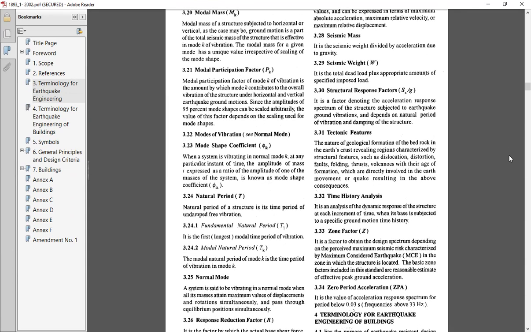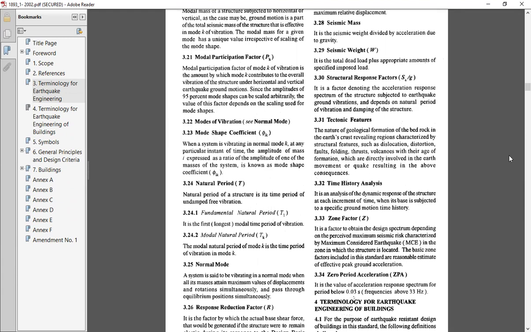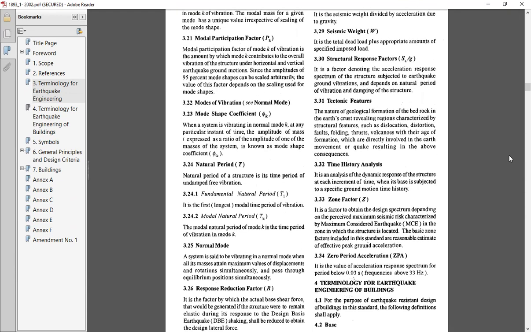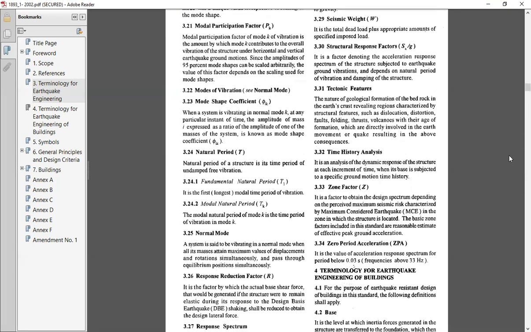Okay, so let us see what is natural period. Here you can see the natural period of a structure is its time period of undamped free vibration. Okay, so free vibration without damping, the time period is nothing but the undamped free vibration.